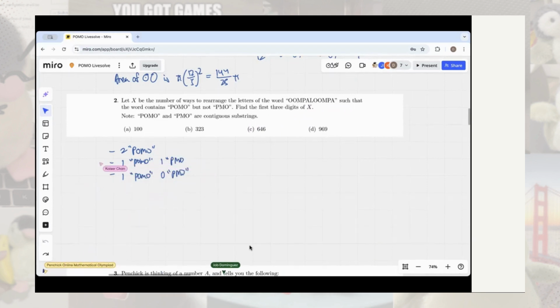So let the number of ways we can rearrange them in each of these three cases be A, B, and C respectively. Then POMO but not PMO will be either A or C. So I'll highlight that. These are the cases that we want.